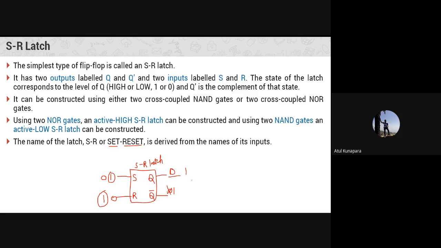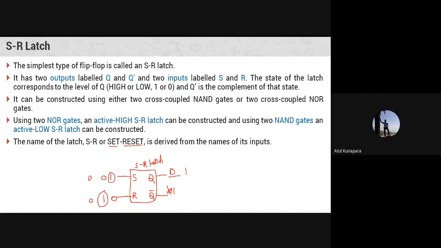Now understand one more thing: in an SR latch, once you have set the output, that means once you have made your output Q equal to logic 1, then unless you make any change on the input side, your Q will remain set. What I mean to say by this is, once you have made Q equal to 1 by giving S equal to 1, then if you are not giving any input, suppose I am giving 0 0 here, my output will remain 1 only.